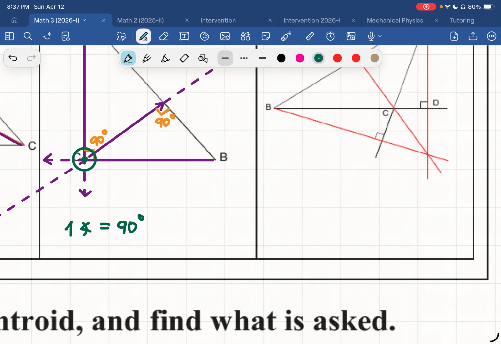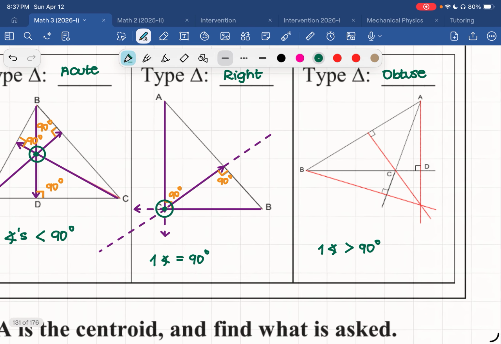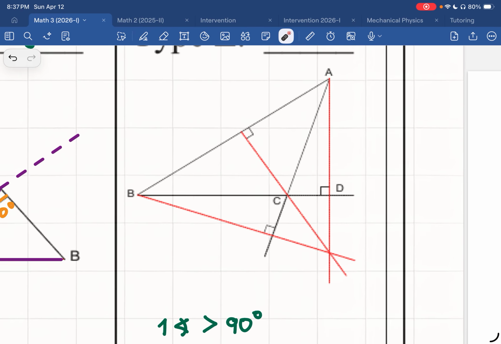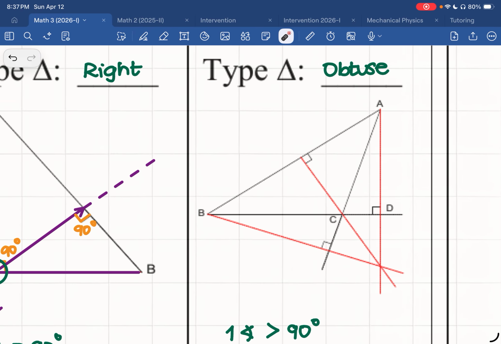Okay, so I'm gonna say here one angle is greater than 90 degrees. Okay, so we're gonna use the same logic we have been using in this one and in this one to find where the three lines converge or cut each other, right?